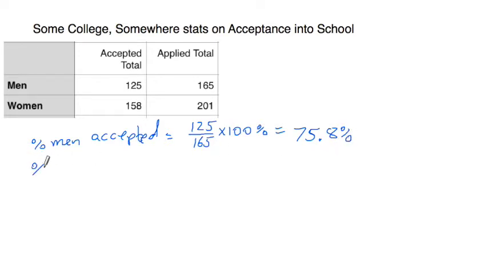Alright, if we do the same thing for the women, we find that 158 of them were accepted out of a total number of applications of 201. So you multiply that by 100% and see what kind of percentage you get. 158 divided by 201, multiplied by 100, gives 78.6%.